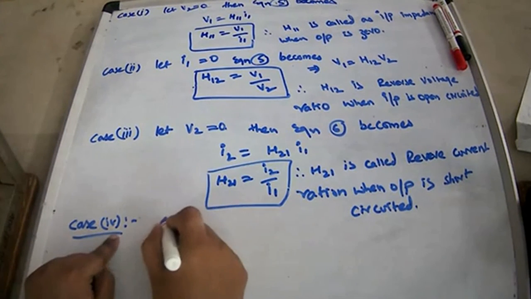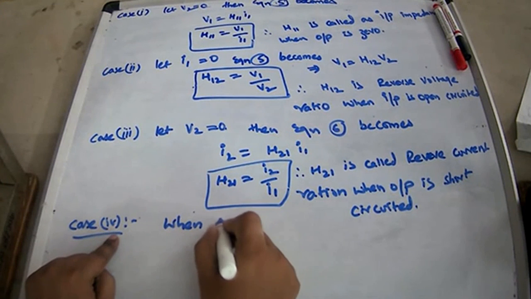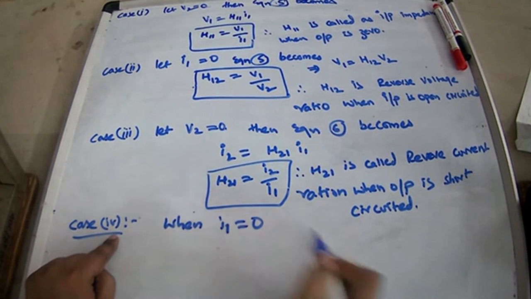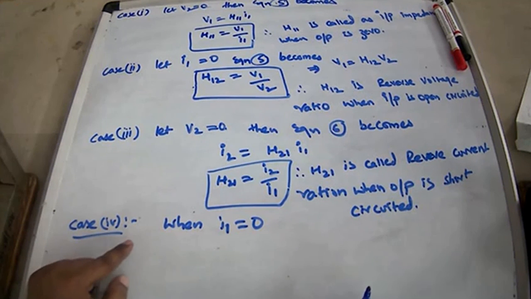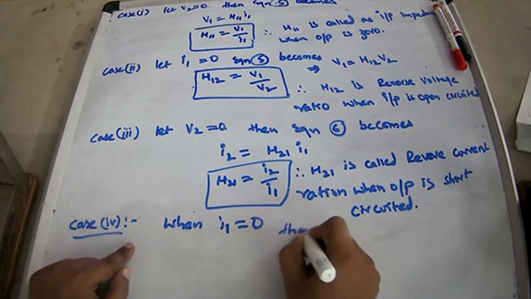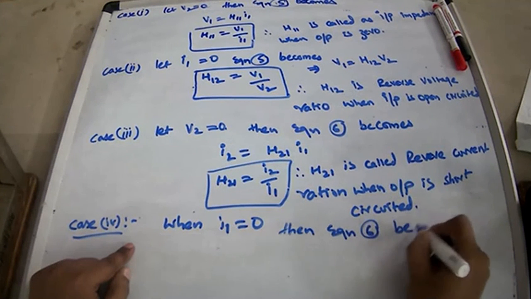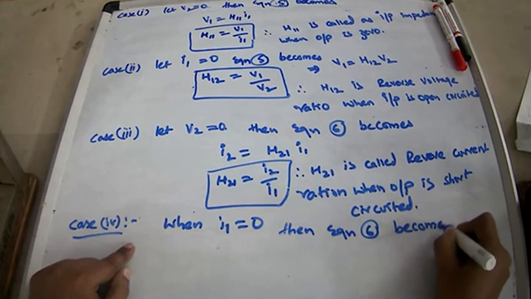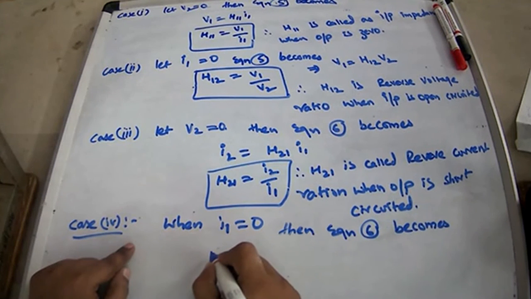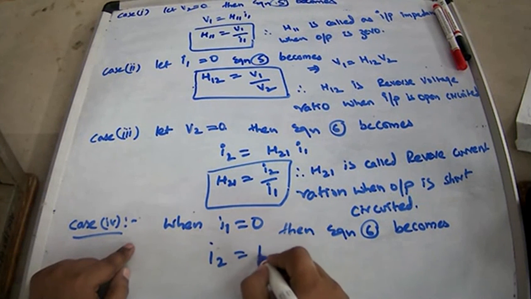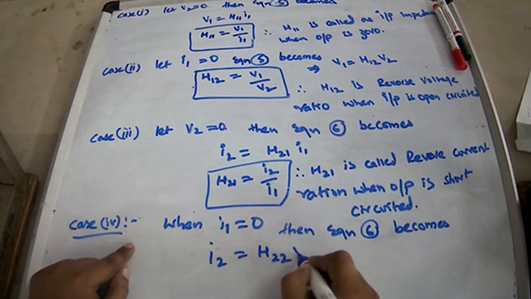So what is case 4? When I1 is equal to 0, then equation 6 becomes, what will become equation 6? I2 is equal to H22 V2.